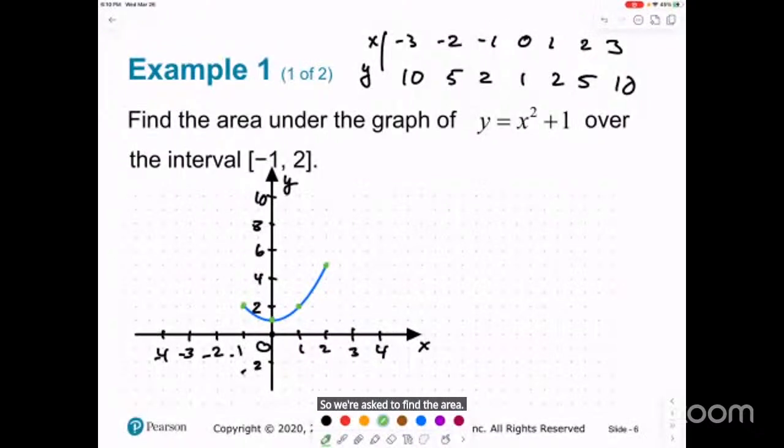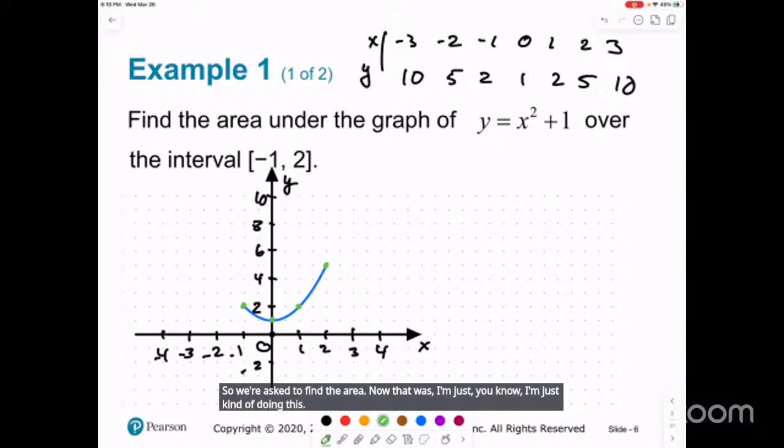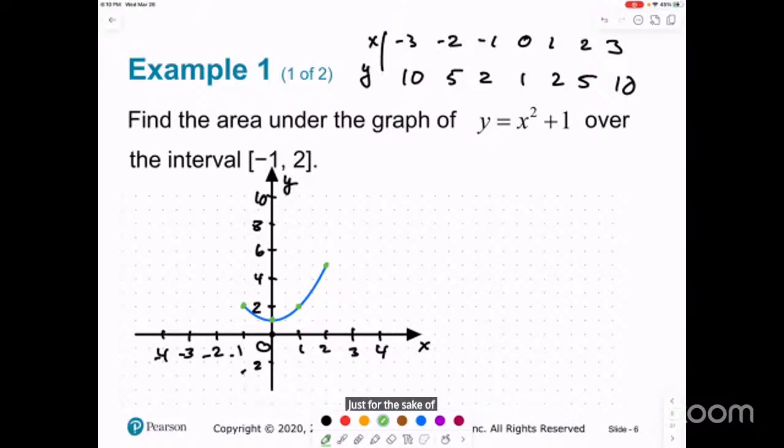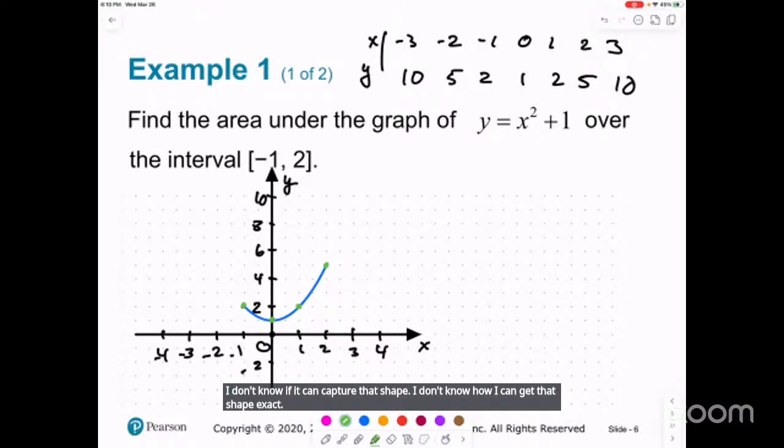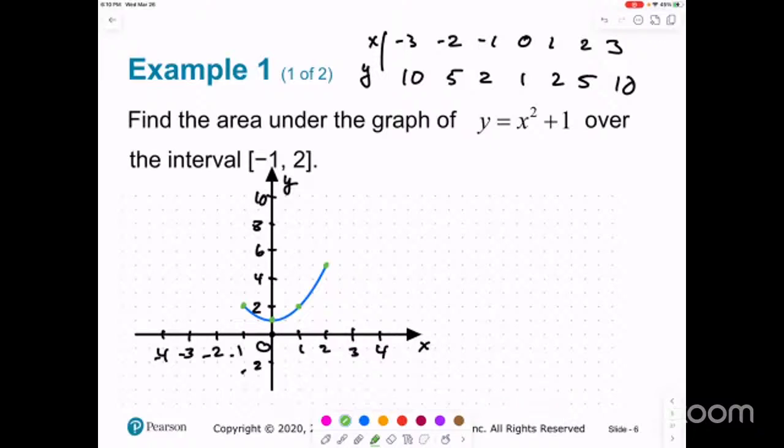Now I'm just kind of doing this for the sake of doing it. Let me do this one. I don't know if I can capture that shape. I don't know how I can get that shape exact. Okay, that's kind of close.